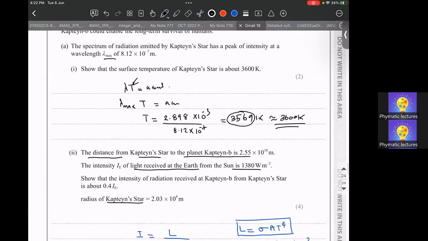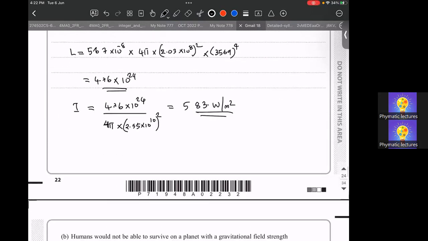What is the intensity received on Earth's surface? That is 1380. We need to compare it, right?